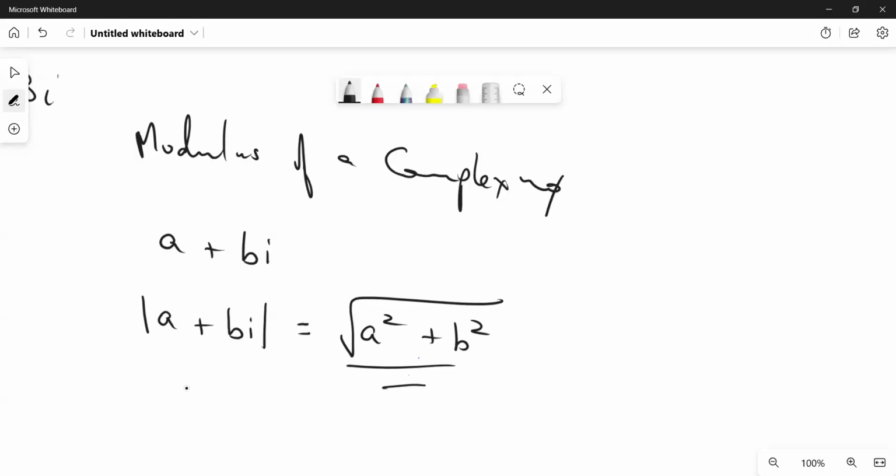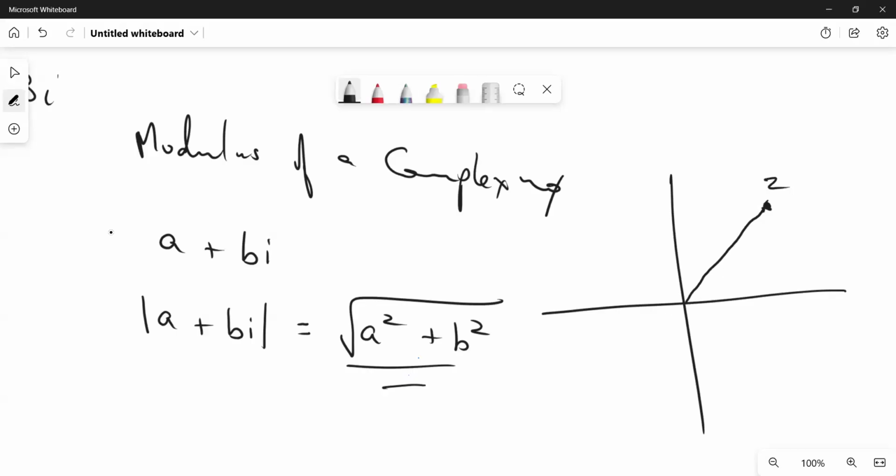And this is really the length of the line segment. If you have some complex number z, it is the length of the line segment from the origin to this complex number z. So the modulus of z is equal to that; this length here is the modulus of z.